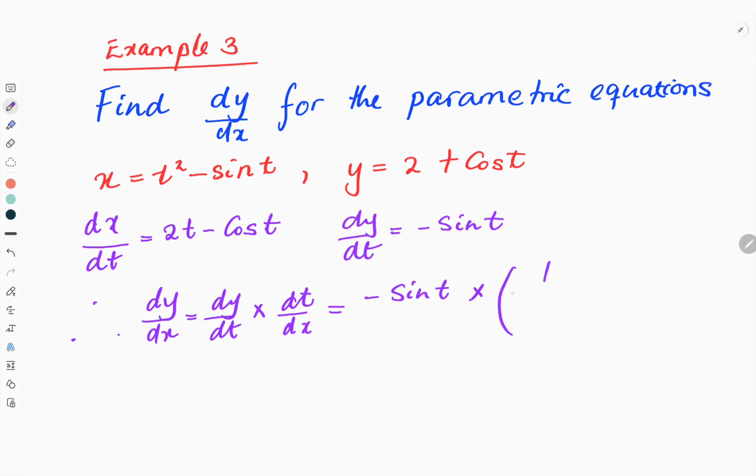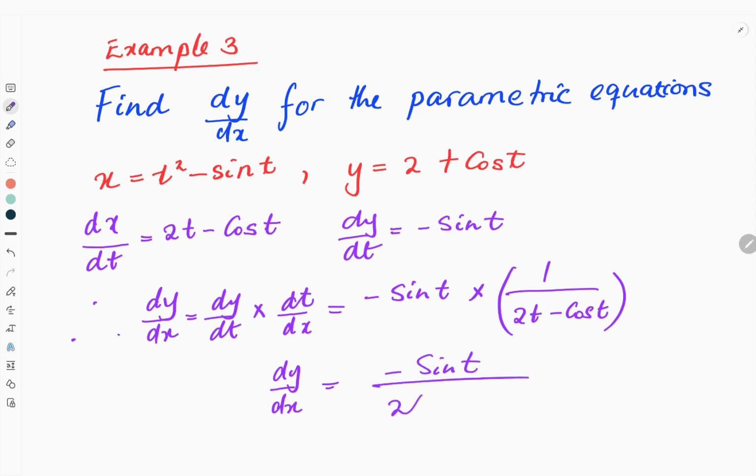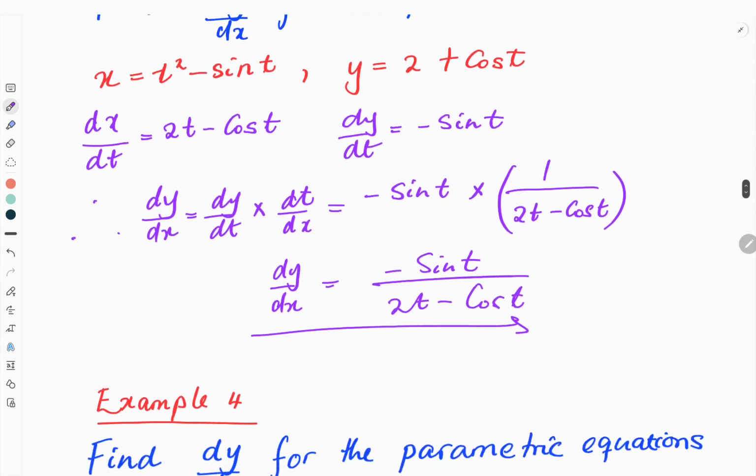So that will be 1 over 2t minus cos t. And that gives us our dy/dx equals negative sine t over 2t minus cos t. And that's how we do this equation.